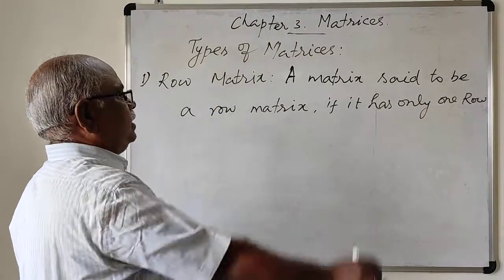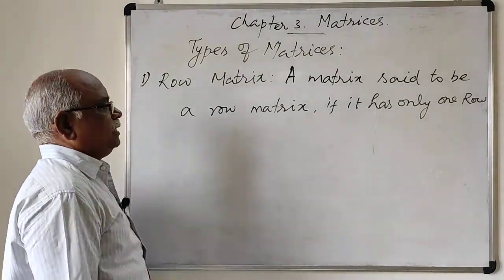This is the definition of a row matrix. A matrix is said to be a row matrix if it has only one row.